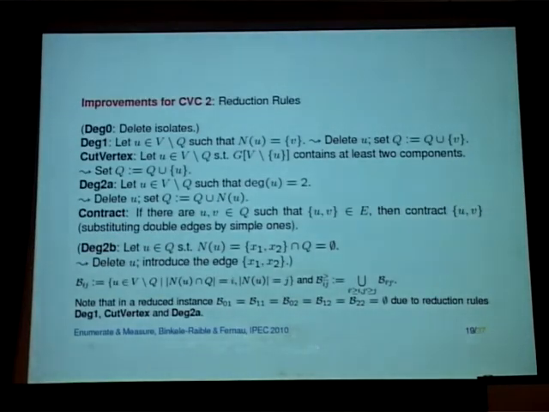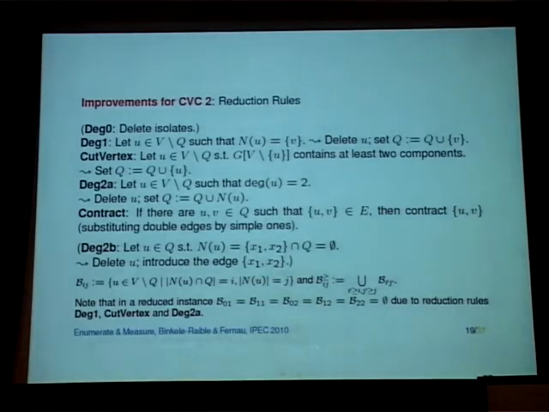Many improvements are based on quite a huge list of reduction rules. This is interesting in a certain sense because theoretically we know that reduction rules wouldn't lead us to anything in the sense of a kernel size, but they are very helpful in the sense of branching. So I'd like to at least show you some of these.